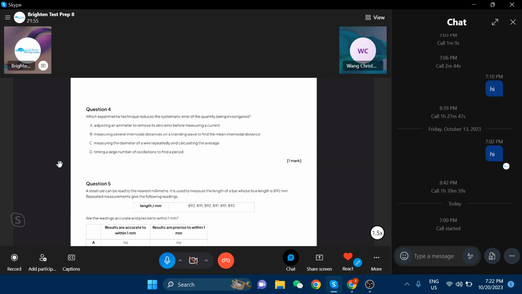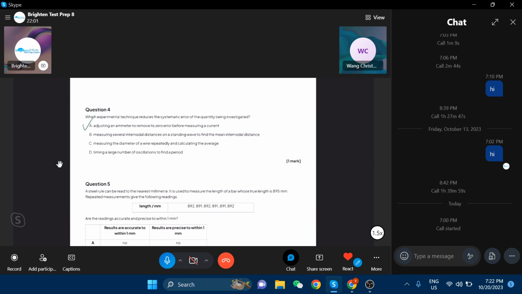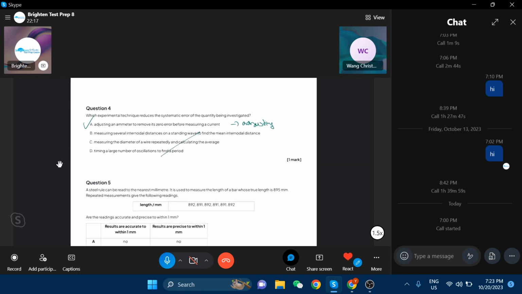A. Okay. Because A is adjusting apparatus. Yeah, very good. And what are all the other 3 doing? They're repeating trials to find the average. Exactly, very good. So it does not eliminate that at all.